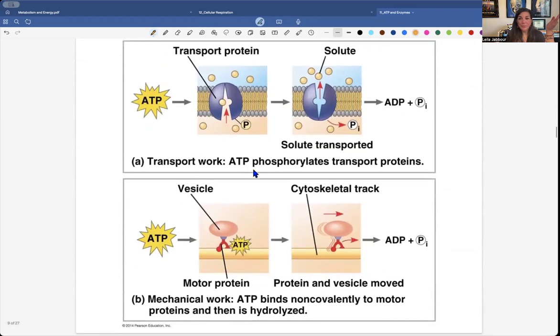Here's another example. Another example is the movement of vesicles across the cell. This is really fascinating because the analogy I'm going to give you will show you how incredible this is, how this works in the cell. So the vesicles inside the cells move from one place to another.